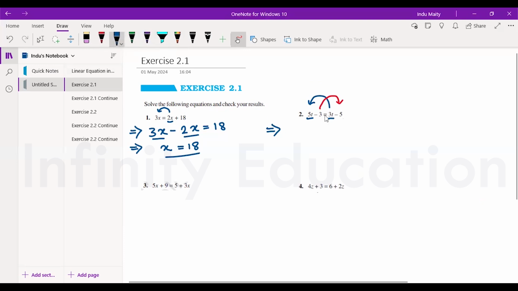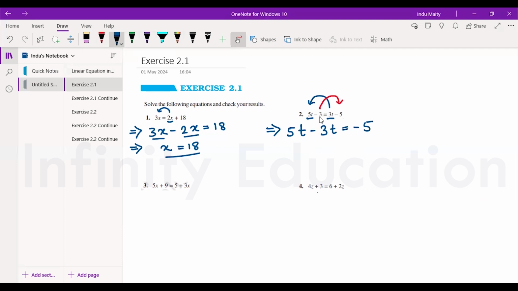So 5t is already there, and this is positive 3t. If we take it to the left side, it will be negative 3t is equal to, on the right side, negative 5.